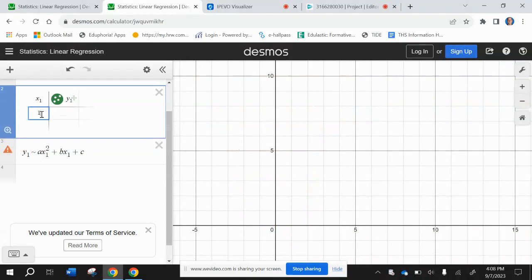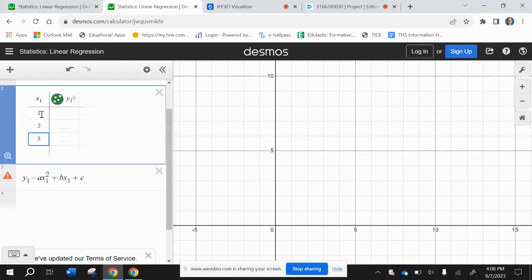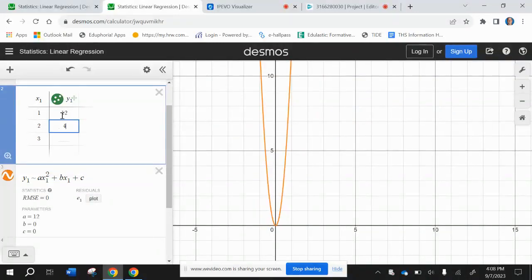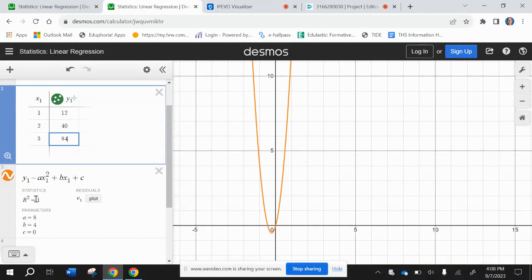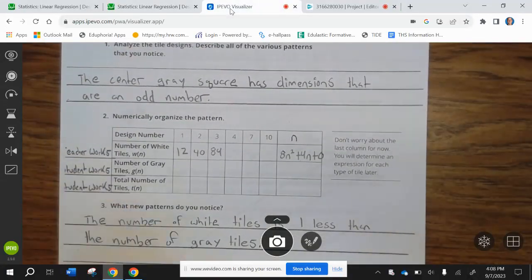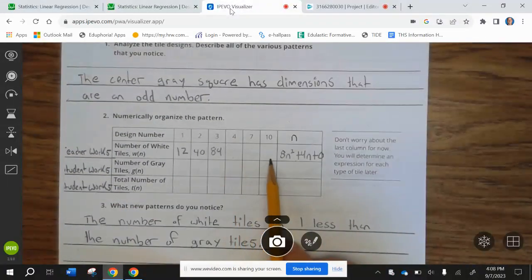So 1, 2, 3. So then 12, 40, 84. Now you can see the r squared is 1, so this is a perfect match. So this is a quadratic regression. So our equation is 8n squared plus 4n plus 0. Okay, now we're going to use that to find 4, 7, and 10.